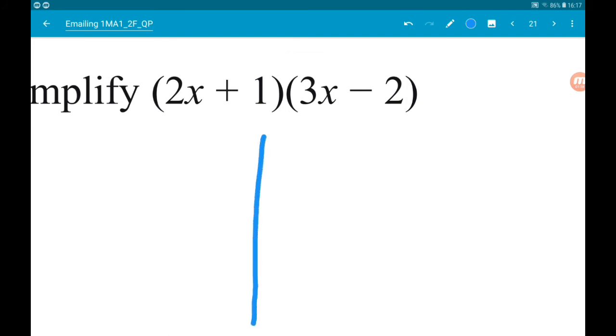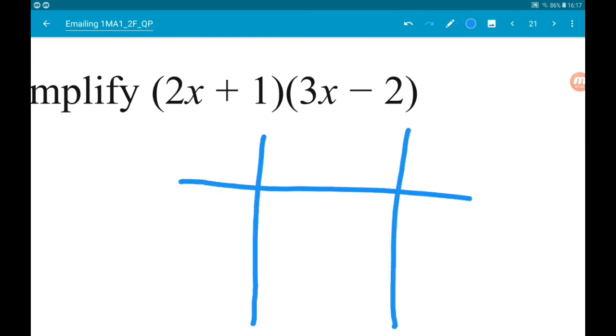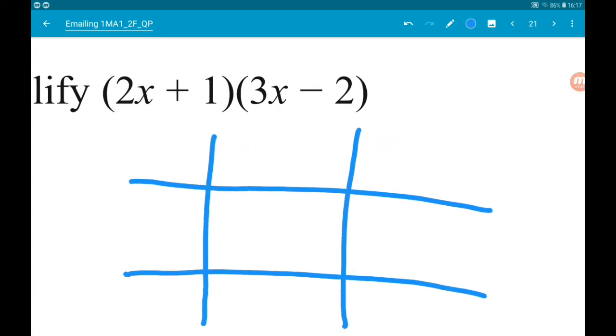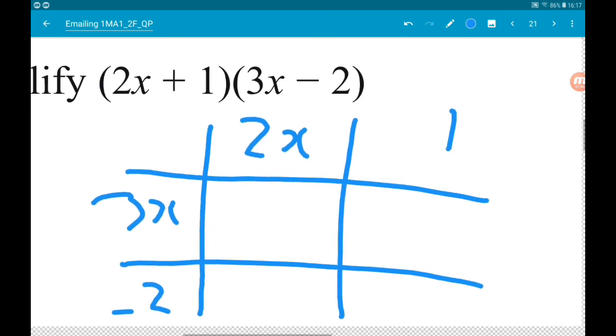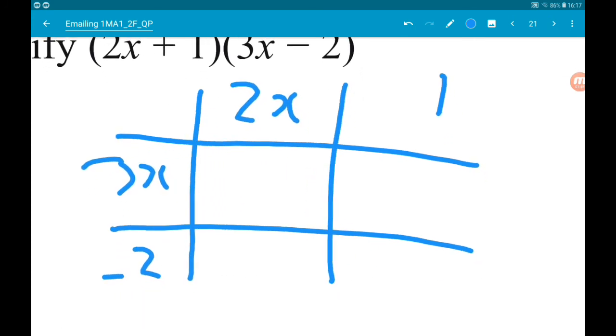So we're going to have 2x and 1 across the top, and 3x minus 2 down the side. Now each part of the table is a multiplication between the thing at the top and the thing at the side.